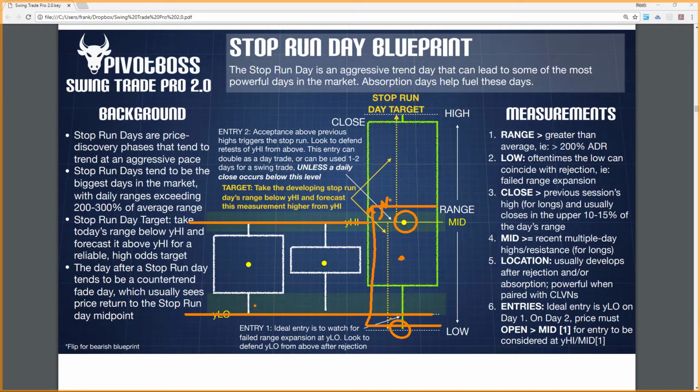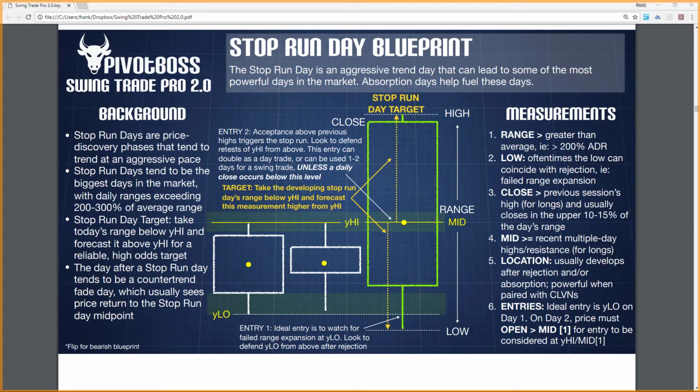But then as price continues to push higher, this midpoint creeps higher and higher and higher until by the end of the day it hit this high, and now the midpoint is right at where the stops came out. It is uncanny how that happens, but it does, and sometimes it is so precise.